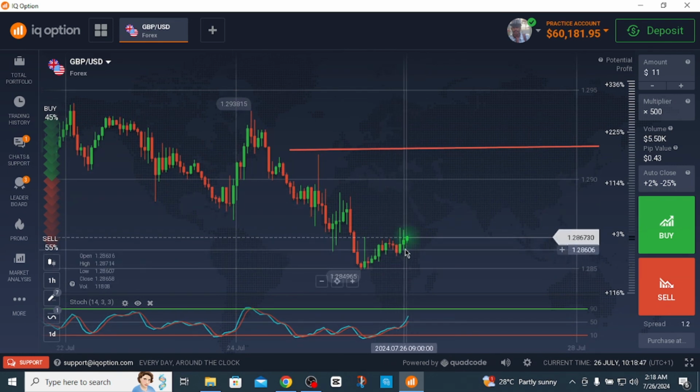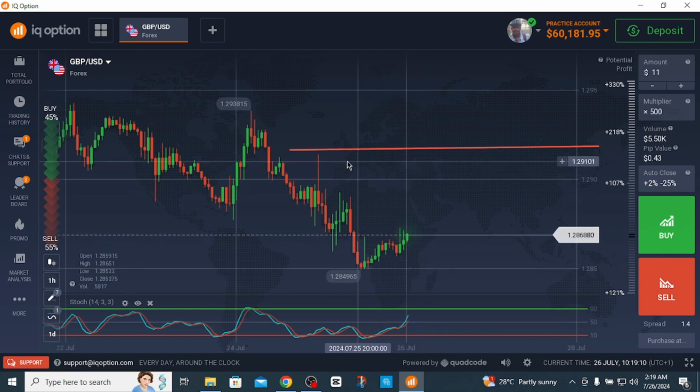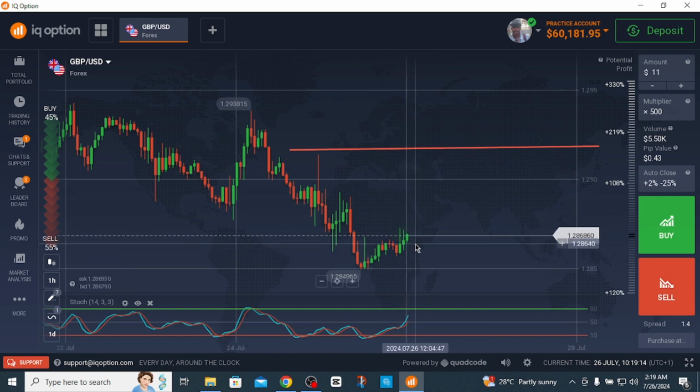I will need to wait patiently to see the bears come in to take over this hourly trend movement. If I see this hourly candle close bearish, that is when I will start to look to enter trades to continue the down movement, which is to trade the direction of the daily candlestick signal. But currently I'm going to wait.